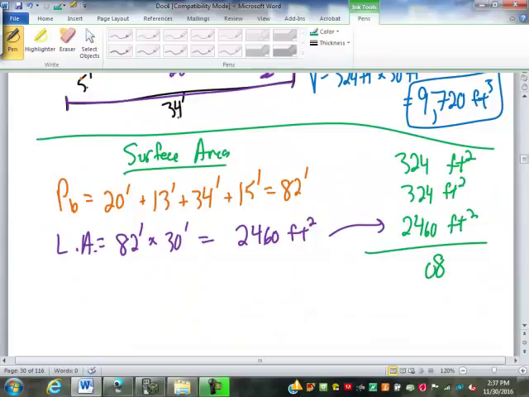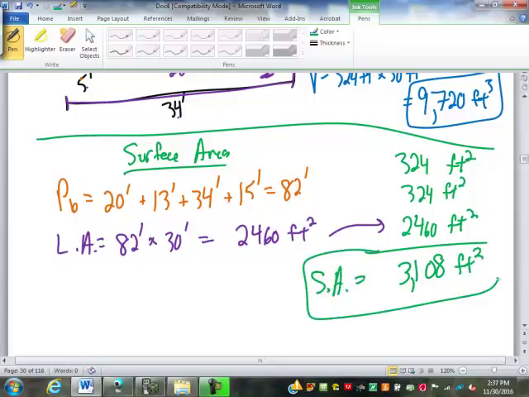So 8, 0, carry the 1. 1, carry the 1. 3,108 square feet is the surface area of that. So we can find surface area of relatively complex shapes by using that definition of area base and lateral area separated out.